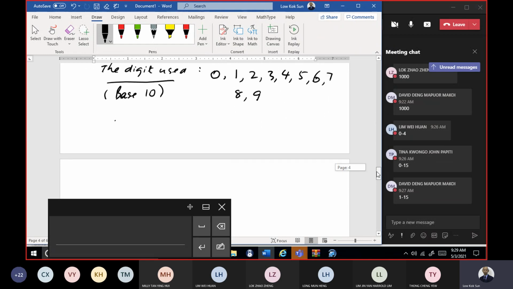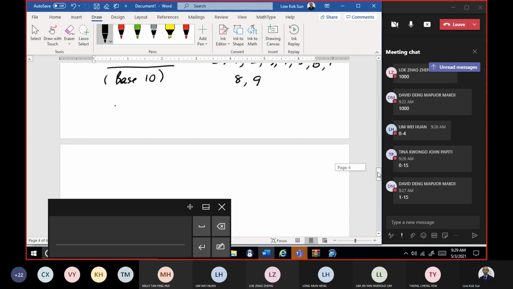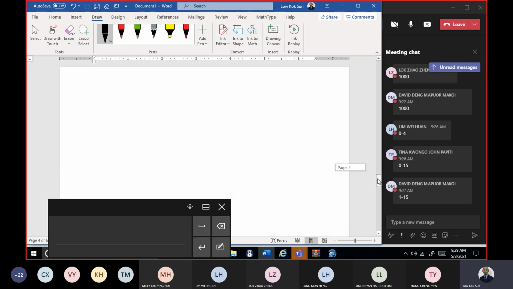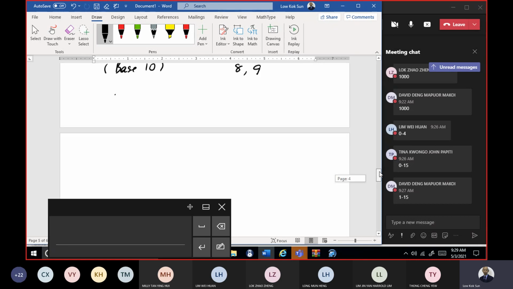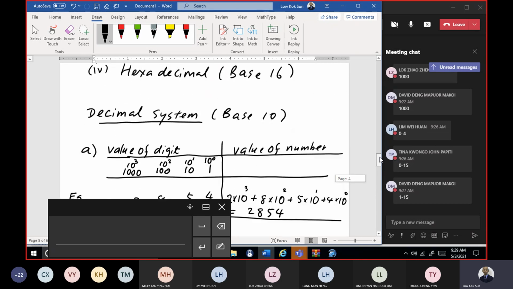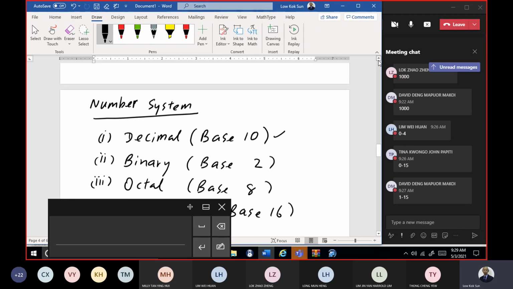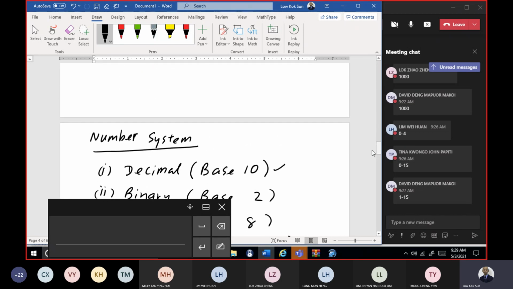Now, for the decimal system, we don't want to spend more time because it's very easy. We want to use this as the starting point for other numbers to convert to, because we are more familiar with decimal numbers. So other systems we convert into decimal.